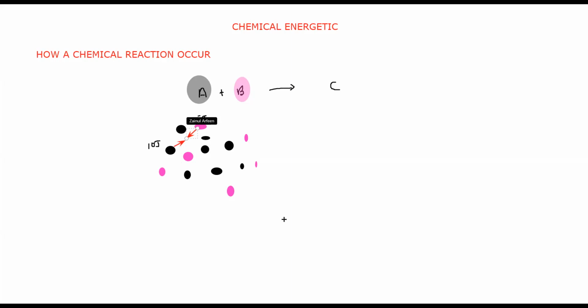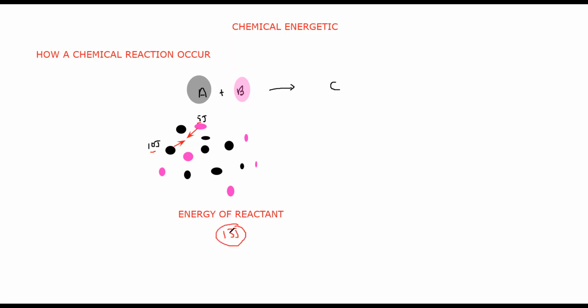So A is colliding with B and as a result, it is forming a product C. So what is the energy of the reactant here? If A has 10 joules of energy and B has 5 joules of energy, the energy of the reactants is 15 joules.